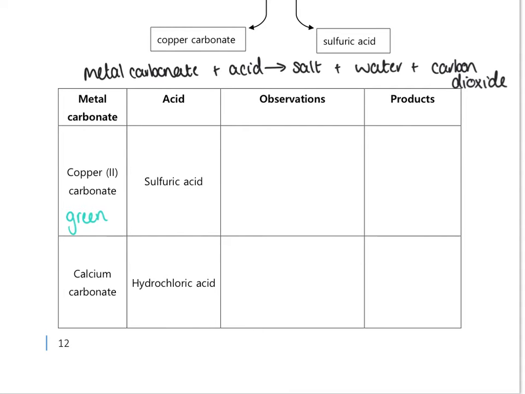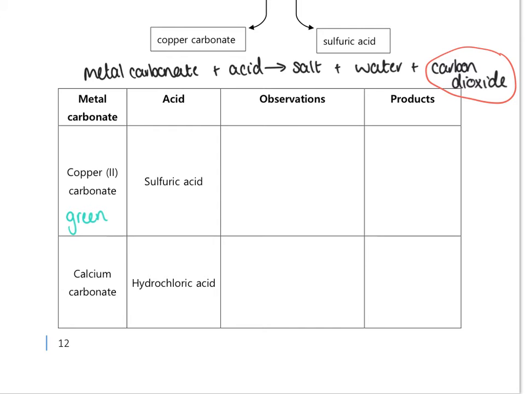So we can see from our general equation that we're going to produce a salt, water and carbon dioxide. And it's this carbon dioxide that I want to think of. What is carbon dioxide? Well, it's a gas. Anytime we are producing a gas, we're going to see bubbling. So even if you can't remember these observations in the exam, think what you're producing, and that should help you.